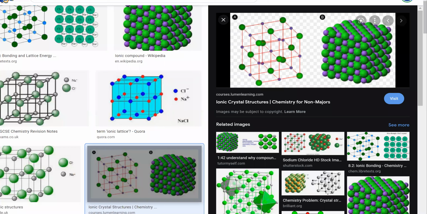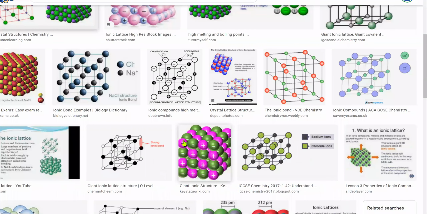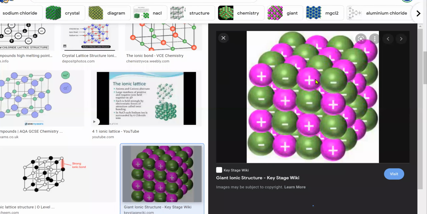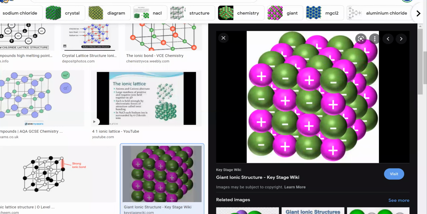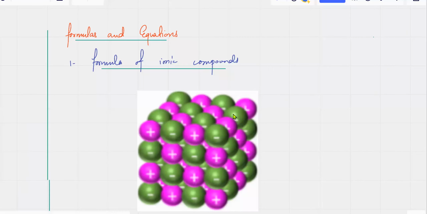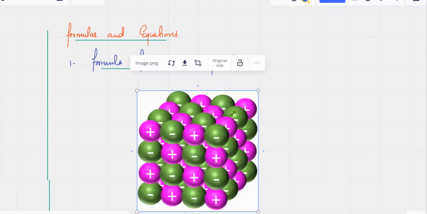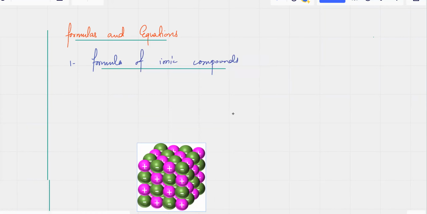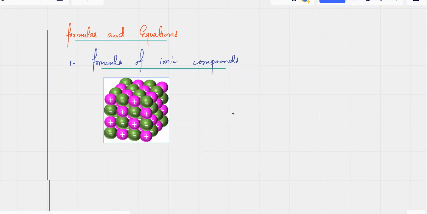Let me get a better picture. Okay, this one, we were using this before as well. Let's move ahead. So this is what an ionic lattice is. This is what we had studied previously, that you had a metal ion and you had a non-metal ion.